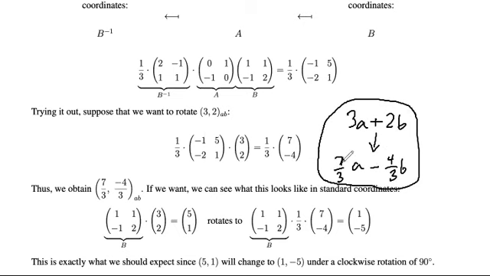It changes to this linear combination, and we've seen that because we have a nice matrix right here that shows us how that happens.